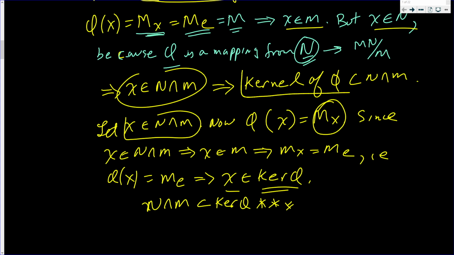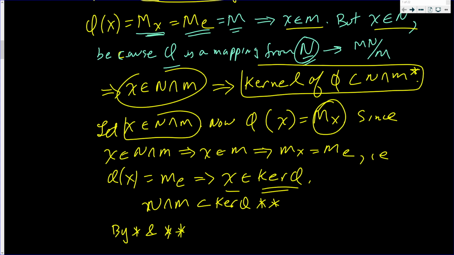Over here, we showed the containment the other way. Let's call that star. By star and double star, we have that the kernel of phi is in fact equal to N intersect M.